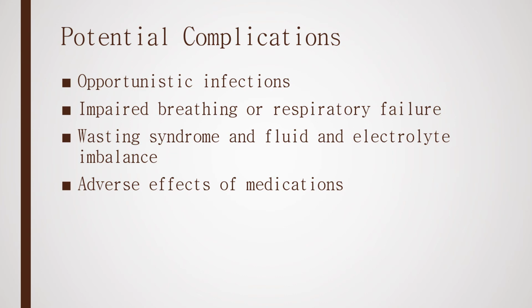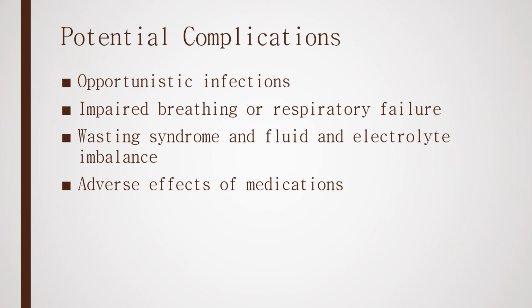Potential complications. We talked about all the complications that the patient can present with to the hospital. All these complications are a result of opportunistic infection. It could be in the gastrointestinal tract, or in the respiratory tract, where the patient would have impaired breathing or respiratory failure, and also wasting syndrome and fluid and electrolyte imbalance.